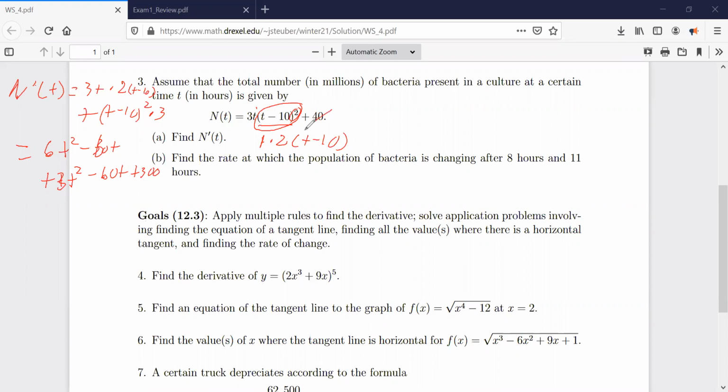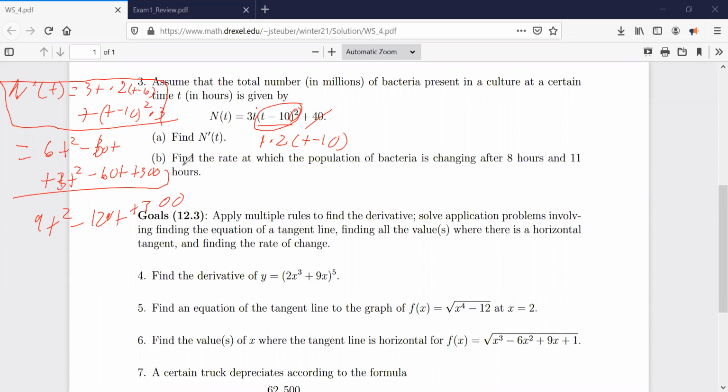And then the 40 goes away, right? Yeah. But actually your answer key has you leave it in this form. But if you wanted to distribute this, and then combine things, you get 9t squared minus 120t plus 300. But this is perfectly acceptable.